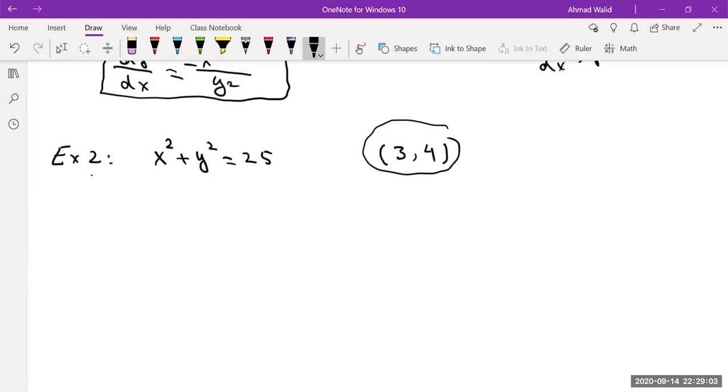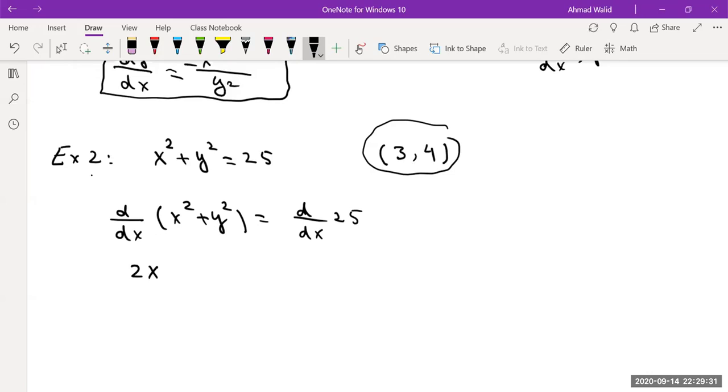As you see, you have y squared on this side, so it's an implicit equation. What I do, as step 1, I'll take the derivative from both sides. d over dx of x squared plus y squared equals d over dx of 25. d dx of x squared gives you 2x.